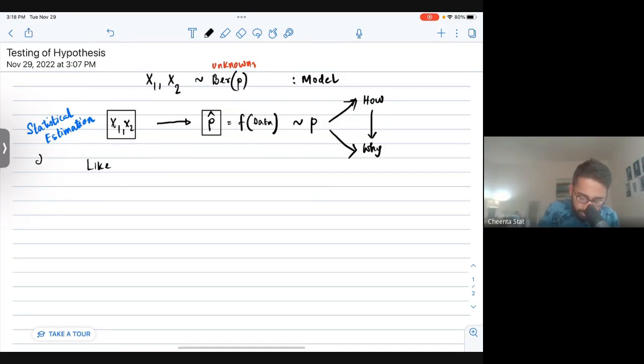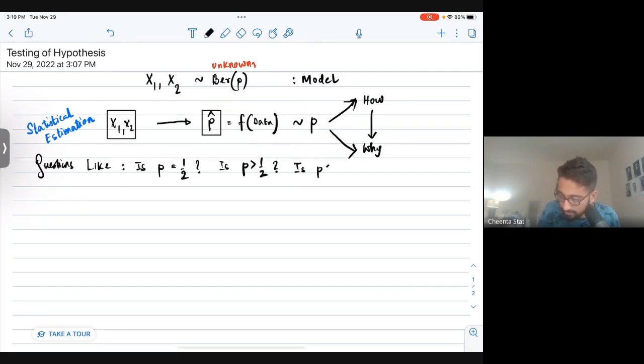like: is p equal to half? Is p greater than half? Is p less than half? Or let's say, is p less than half, or p greater than 3/4?